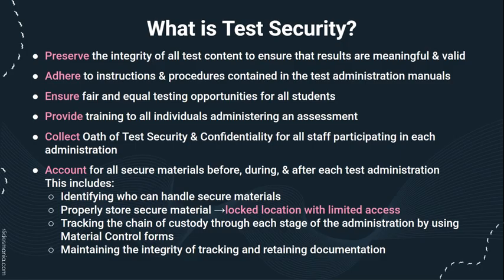They require all participants to adhere to instructions and procedures contained in the Test Administration Manual and online resources. They ensure fair and equitable testing for all students. They require that we provide training to all individuals annually. After training, we must collect an oath of test security and confidentiality. We also must account for all secure test materials before, during, and after each assessment.